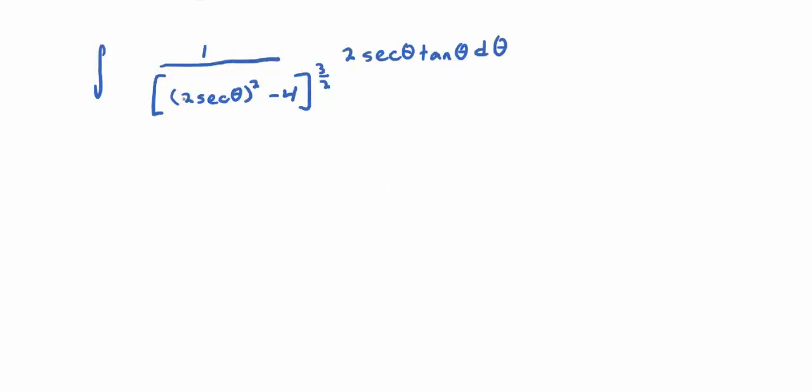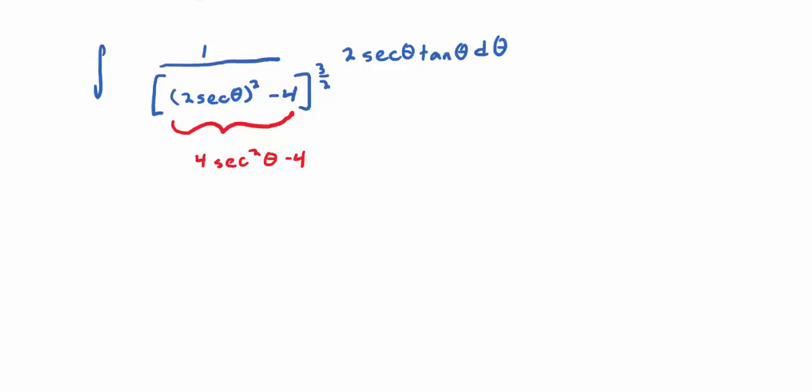Okay, so this inside the brackets is really what? 2 secant theta, the whole thing squared, is really 4 secant squared theta minus 4. So what can I factor out inside those brackets? The 4.